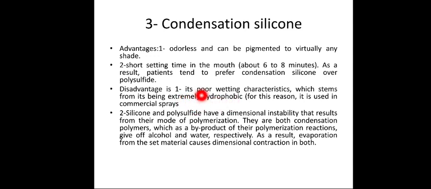It means that when we pour the cast, we sometimes need a surfactant to attach the gypsum material to the impression material and give fine details. That means it has poor wetting characteristics.